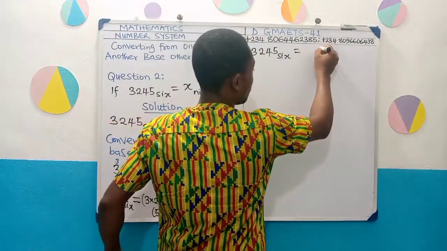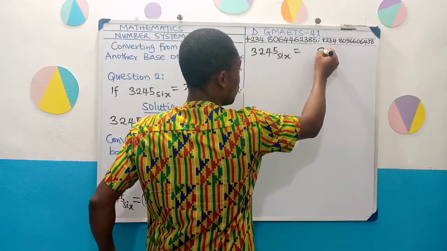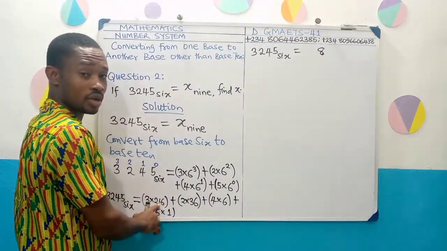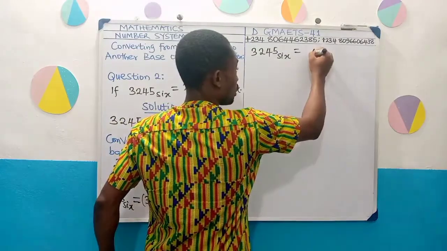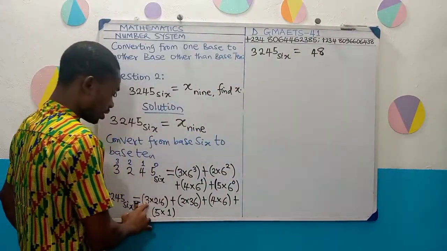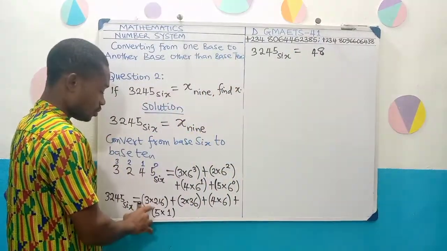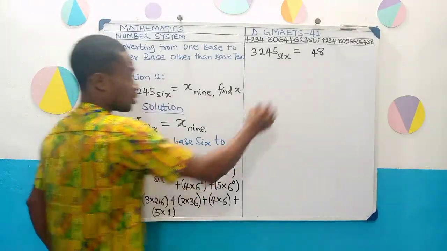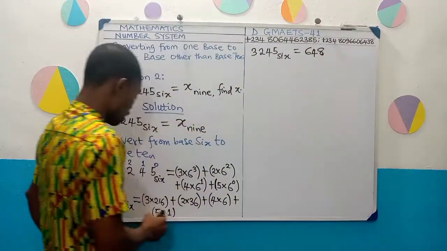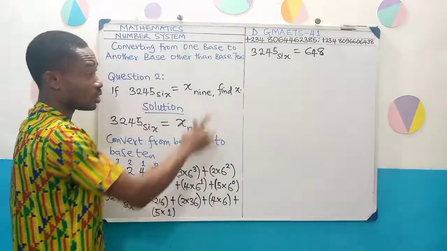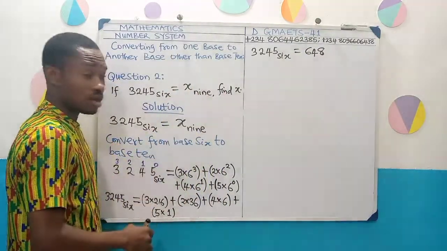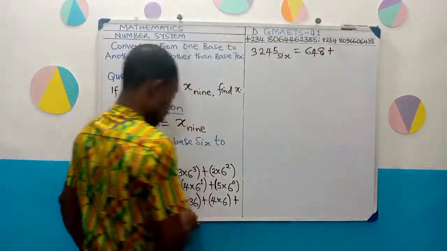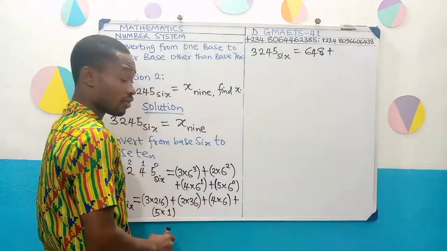Then 3 times 1 gives 3, plus the 1 you carried gives 4. This comes under tens. Then 3 times 2, in the hundreds place, gives us 6. Which means 3 times 216 gives us 648.